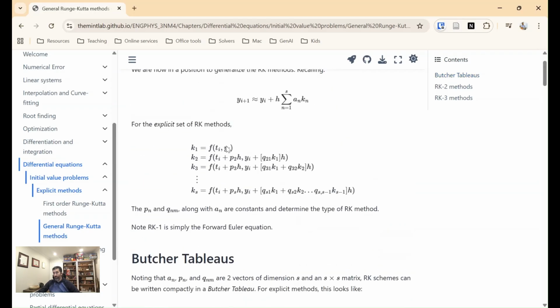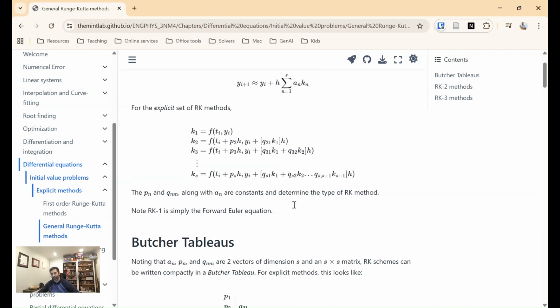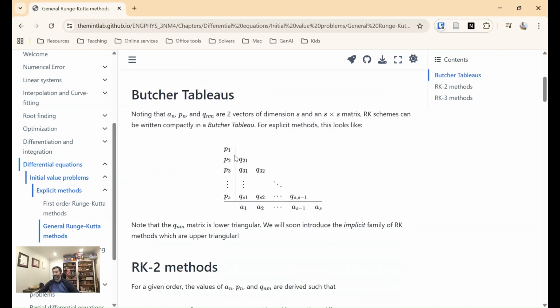So notice, first of all, you have all these constants an as you're going, right? Imagine that's going horizontally. You're building up this horizontal line. Now, if you look at these p values here, they're forming a column vector. You've got a row vector, a column vector, and these Q21, 31, 32, right? You have two indices, so it's going to be a matrix. Okay. When you put that together, you get this concise representation.